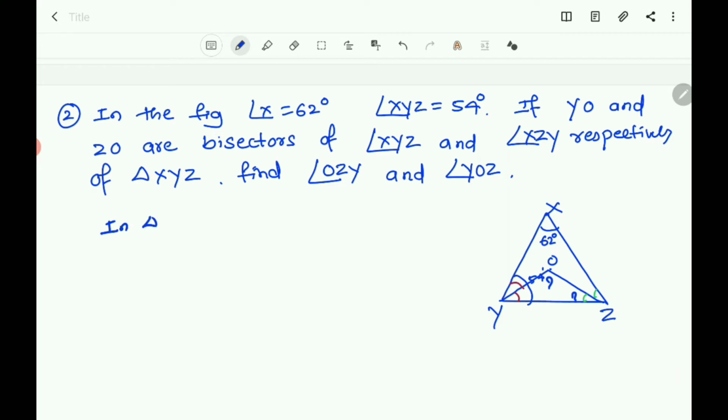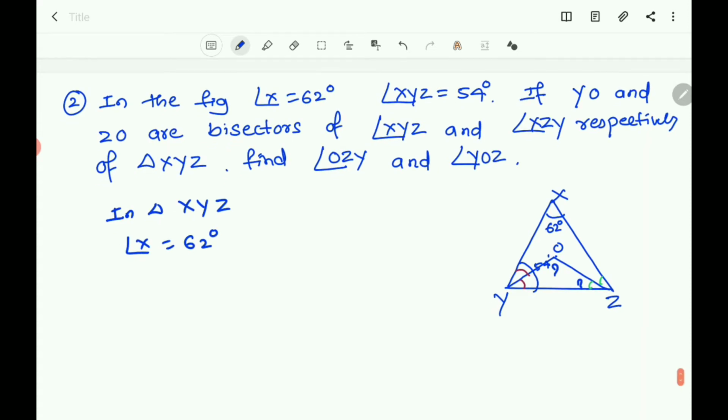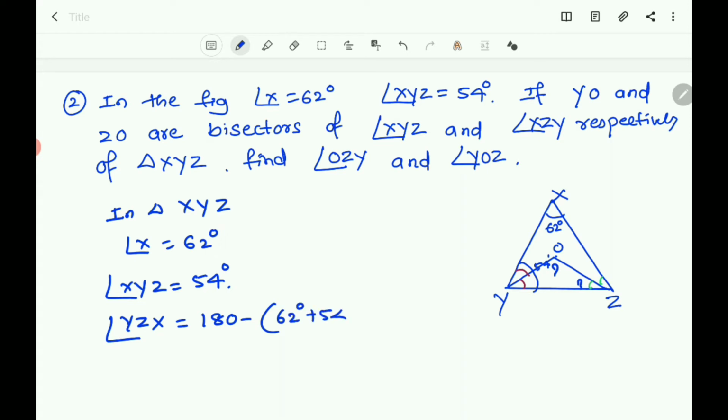In triangle XYZ, what is given here? Angle X is equal to 62 degree and angle XYZ is equal to 54 degree. You will get angle YZX equal to, you know, 180 minus the sum of the other two angles, 62 degree plus 54 degree.